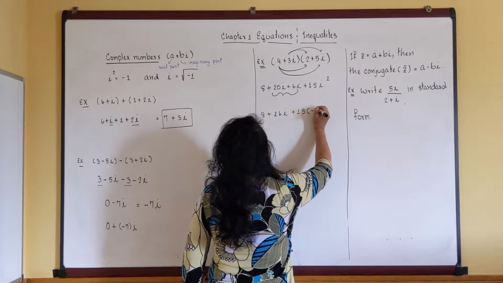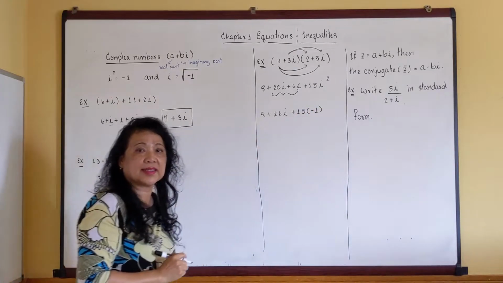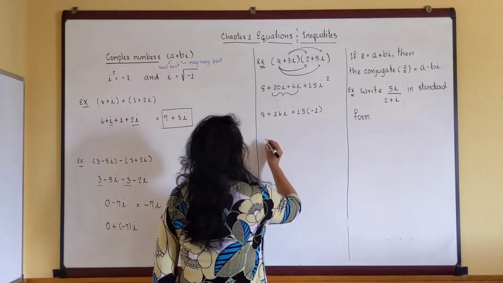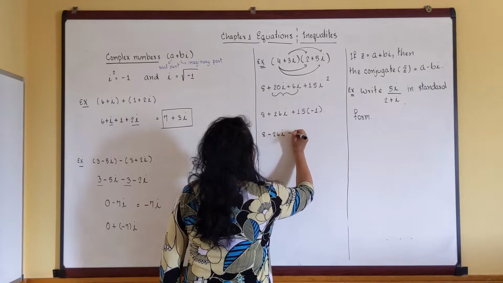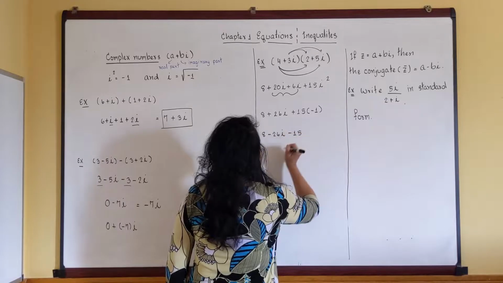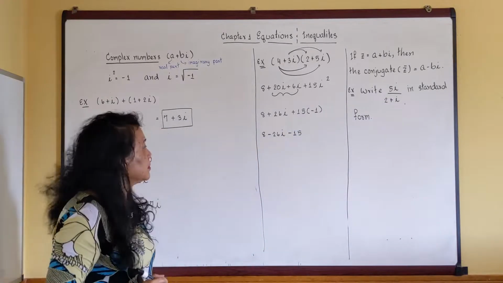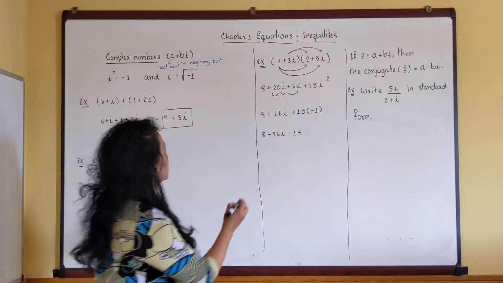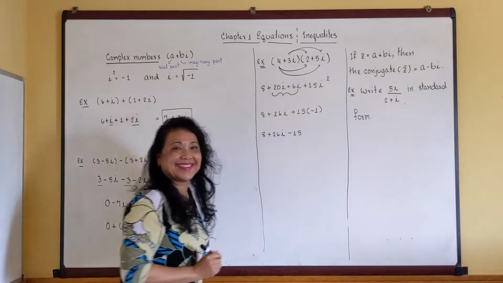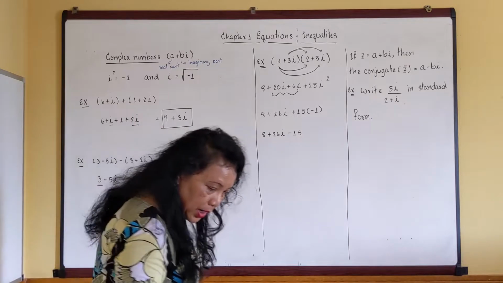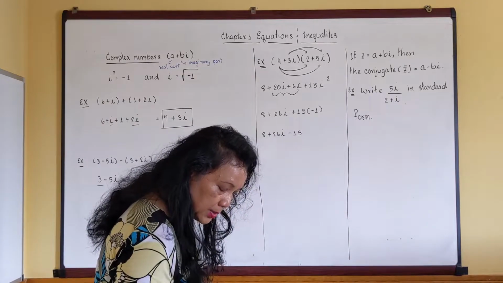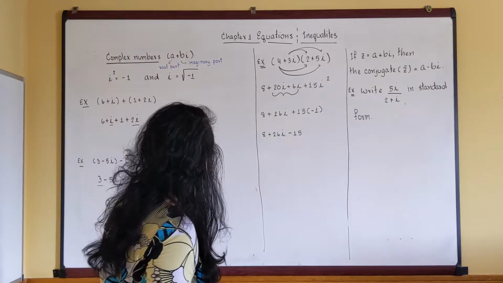My i squared is -1. So I can have 8 minus 26i minus 15. This should be plus. So I want to keep my real part as my real part and imaginary part as my imaginary part.